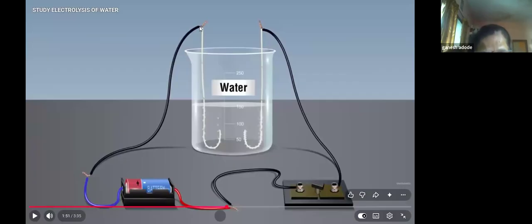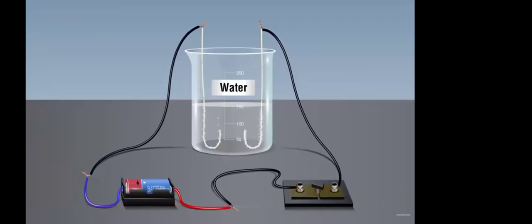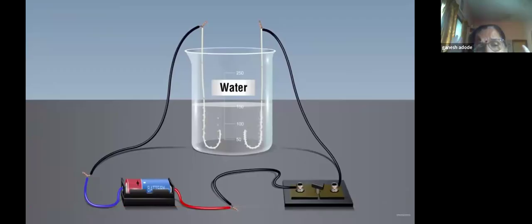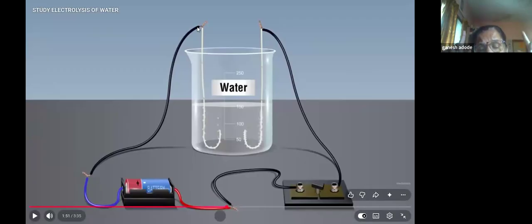Got it clear? Now I'm going to explain the general electrolysis reaction. During electrolysis, we use an aqueous solution of a substance. When any substance is dissolved in water, we call it an aqueous solution.